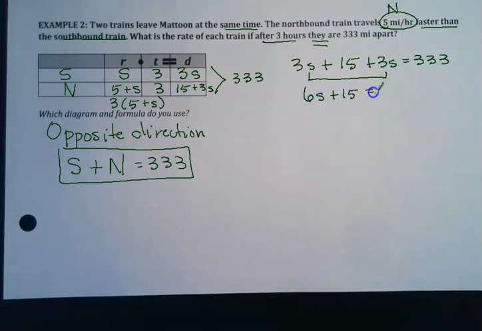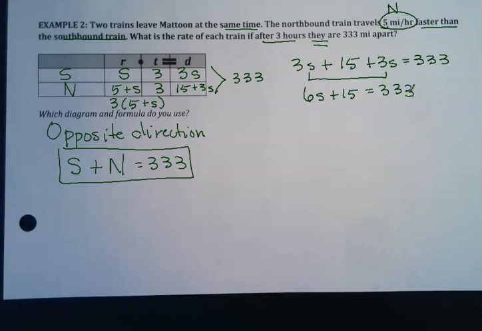So 6S plus 15 equals 333. What next? If I subtract 6s, just think through that, then we would have 15 equals 333 minus 6s, right? So the step's not wrong.